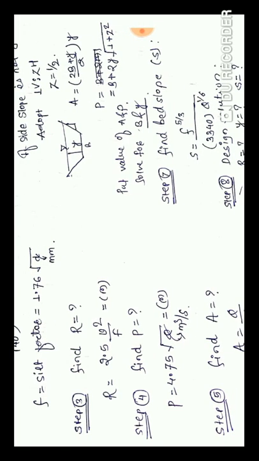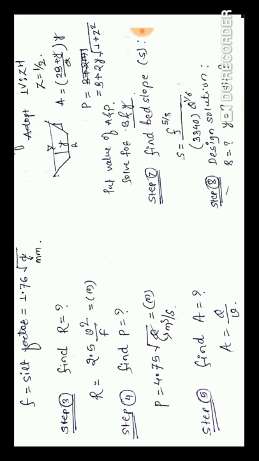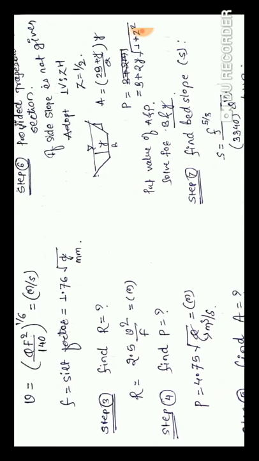In the fourth step we calculate P is equal to 4.75 root of Q, Q in meter cube per second, and we get the wetted perimeter in meters. In the fifth step we calculate the area of cross section. Lacey suggested that whatever the discharge is, we must provide a trapezoidal section. So A is equal to discharge upon velocity as per the continuity equation.